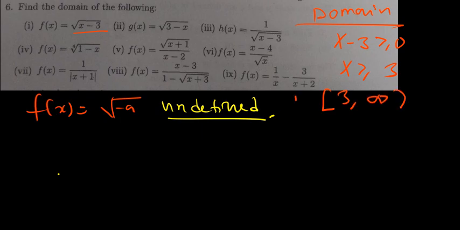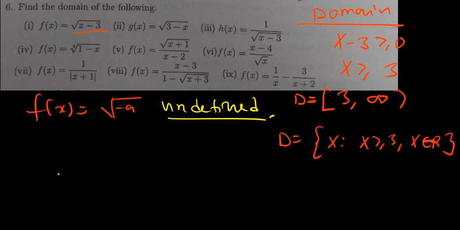That's my domain. I can also put my answer in set builder notation, where I can say the domain is x such that x is greater than or equal to 3, comma, x is a member of all real numbers.